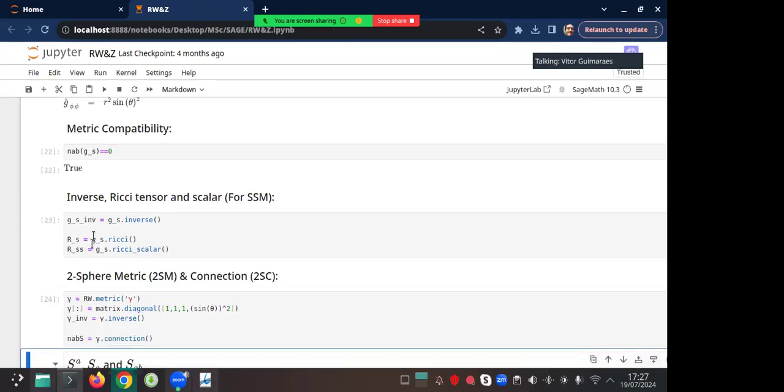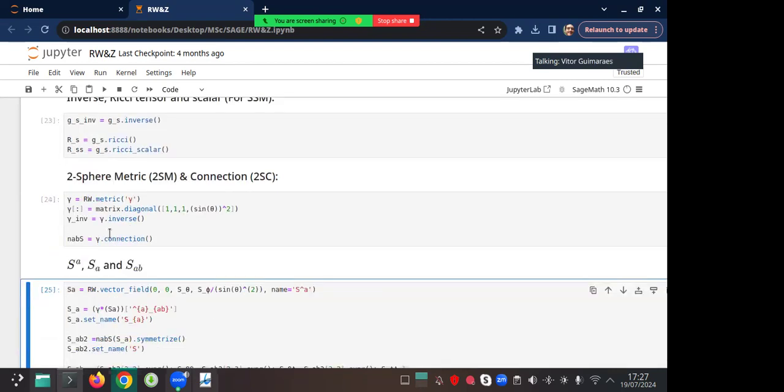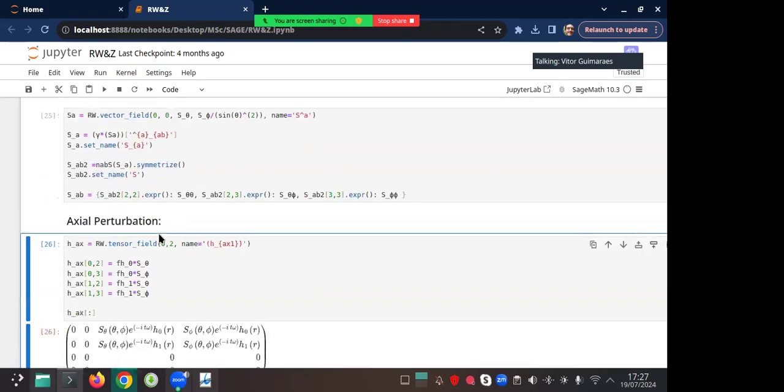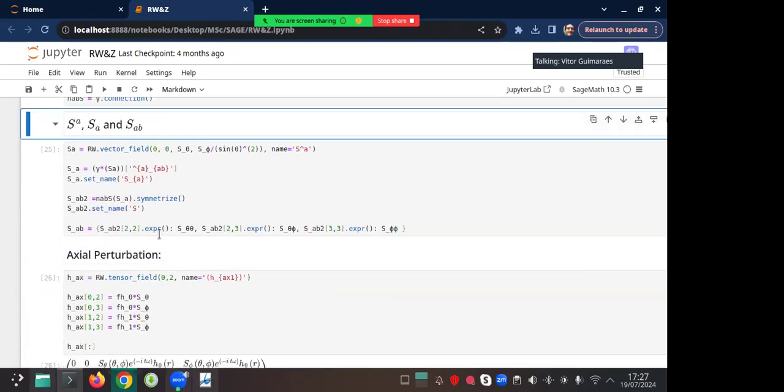So this is the inverse, Ricci tensor and scalars. We constructed them from the background metric. Here we constructed the metric on the two-sphere, the gamma. And so here we're going to start constructing the vectors, the SA and SAB.